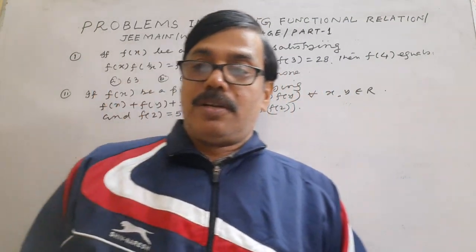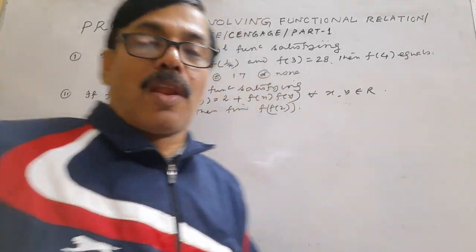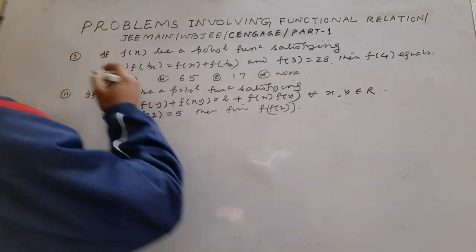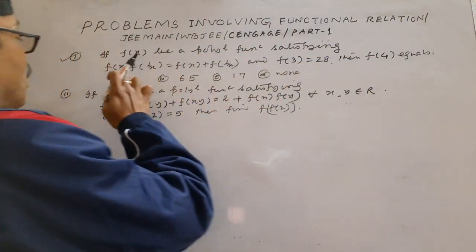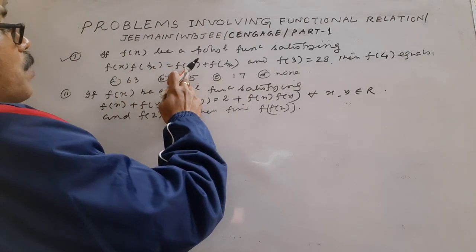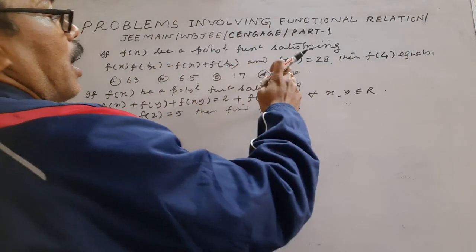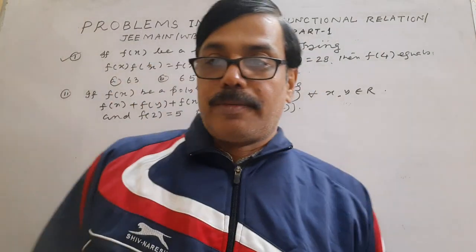Now I consider two most interesting problems. Look, problem number 1. If f(x) is a polynomial function satisfying f(x) into f(1/x) equals f(x) plus f(1/x) and f(3) equals 28, then find f(4).